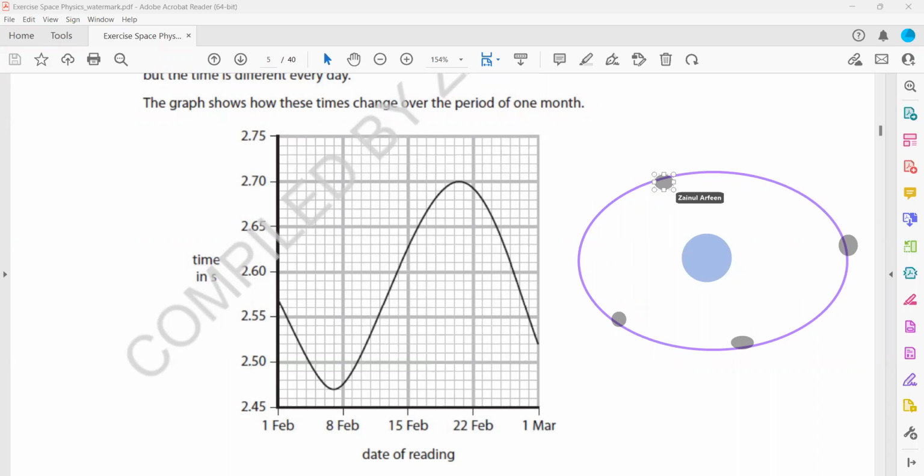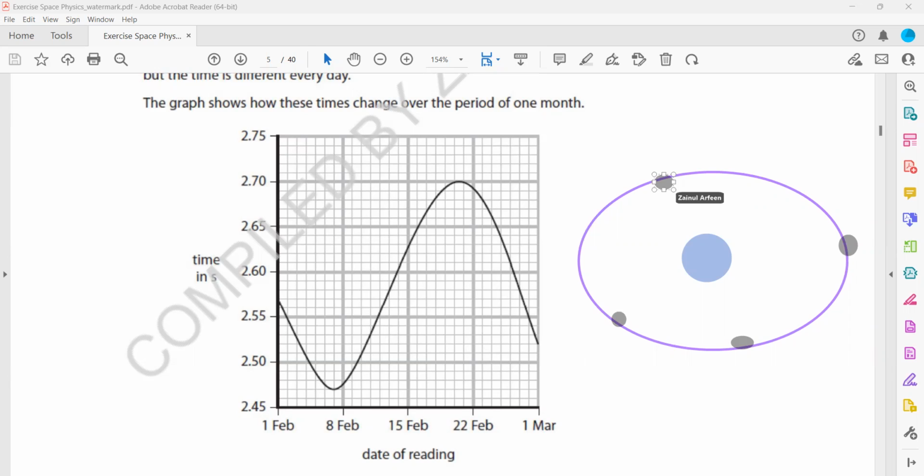That is one point. The second thing is that the cycle of the moon takes about 27 days, 26.5 or 27 days. And this cycle is regularly changing: in some places it is closer, in some places away, then again closer and then away.